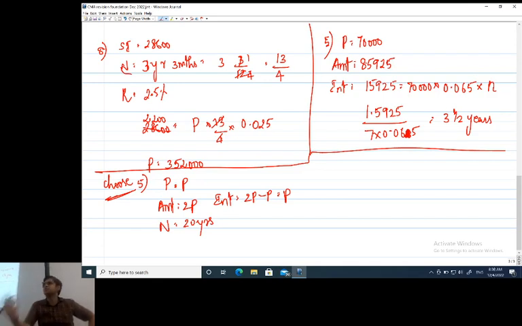The same 100 rupees which I invested. I am doubling myself. So I know principal equals P into 20 into R. P cancels off. 1 equals 20 into R. R will be 1 by 20, which is 0.05, which is equal to 5%.